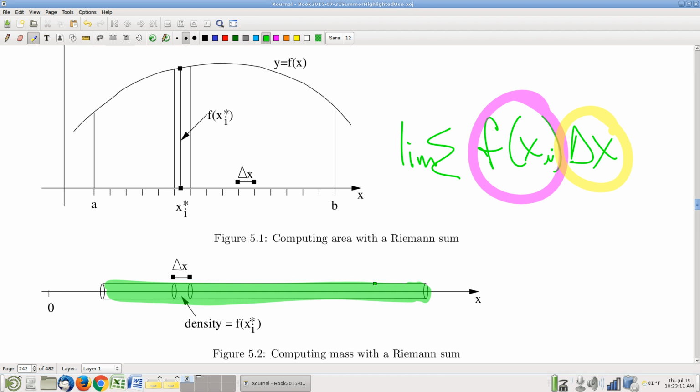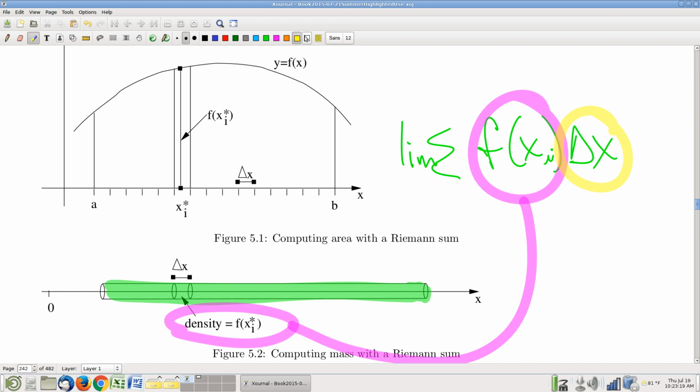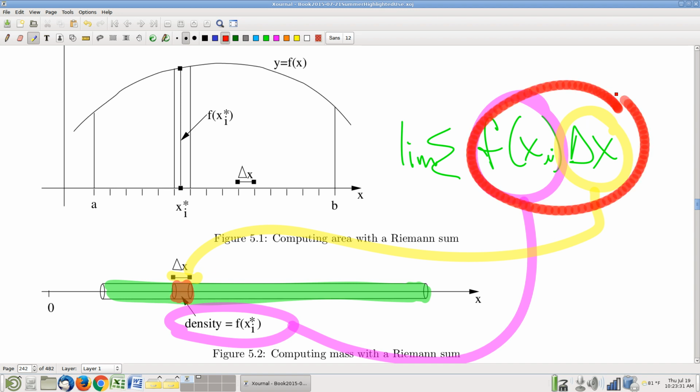But if it's not constant, you can't. But you can argue that on any given little piece, density times length gives you the amount of mass in that one little piece. The total mass is the sum of the masses of all the little pieces that you chop the rod up into.